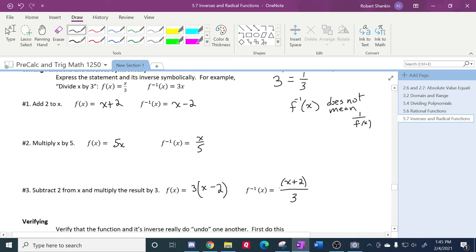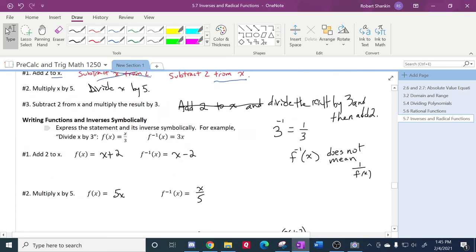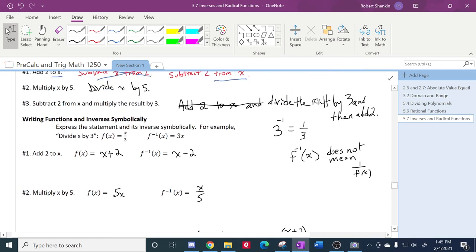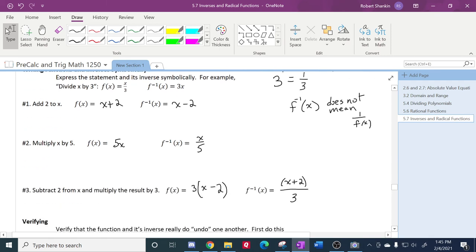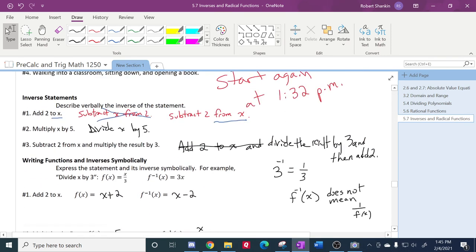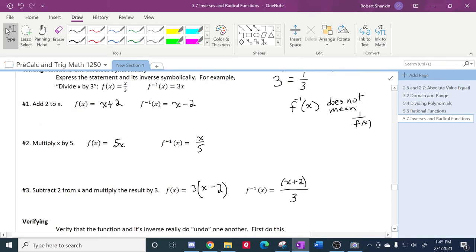And then that's, now, subtract 2 from x becomes, alright. Now, when we had put this into words, we had said divide the result by 3 and then add 2. So let me put that down as well.